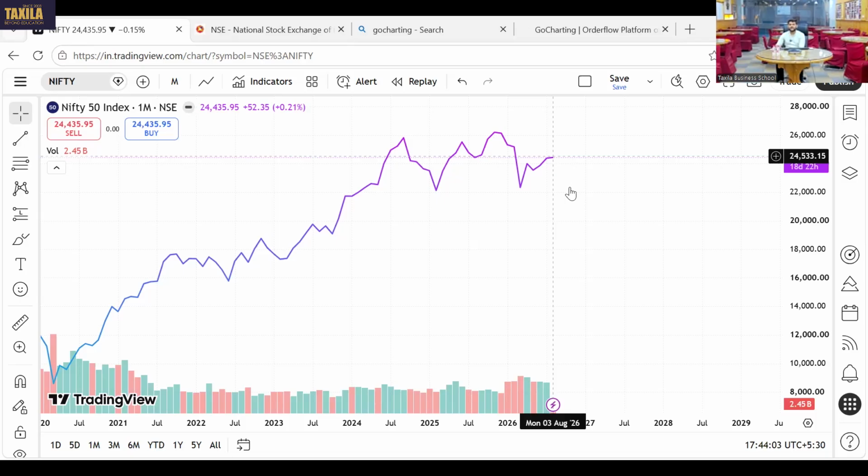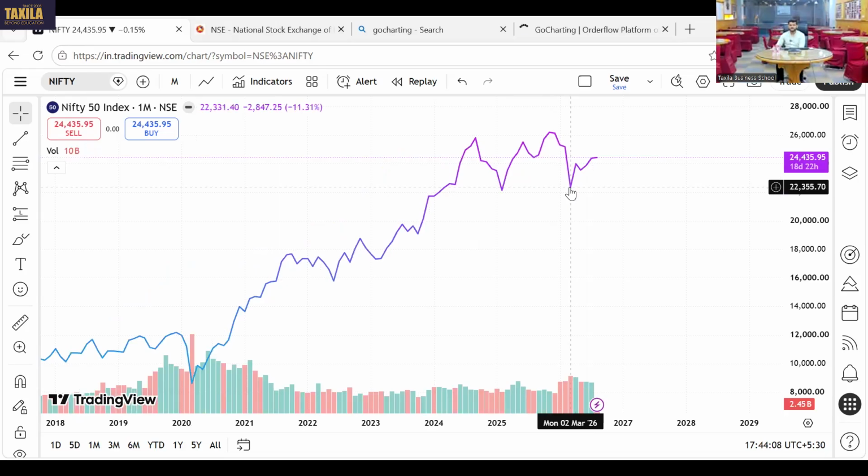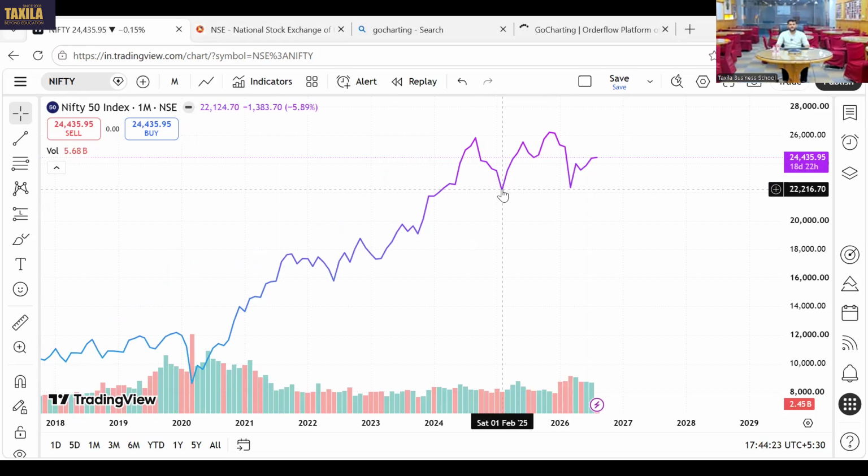Why did Nifty go up from this price? There is always some sort of reason. Whenever price goes up or goes down, there is always a reason behind it. And let me tell you the clear reason. Can you state the price on 1st Feb 2025? Wait, let me put my cursor on the exact price.